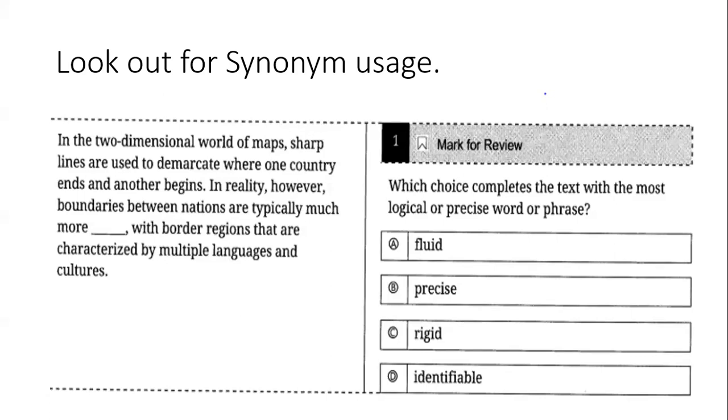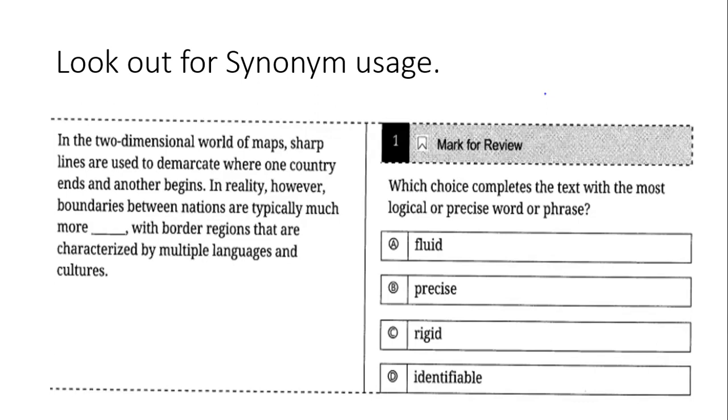Boundaries between nations are typically much more fluid. That was Vaibhav, who said fluid. What is the quality of fluids? They are not fixed, they change. So fluid here means something that can change its form.